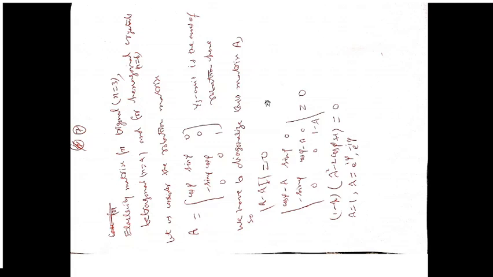If a matrix of order n by n has n linearly independent eigenvectors, then you can diagonalize that A matrix. Let's see how we can diagonalize this matrix A.